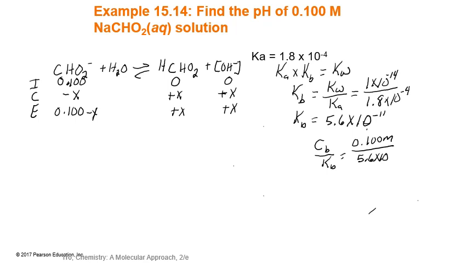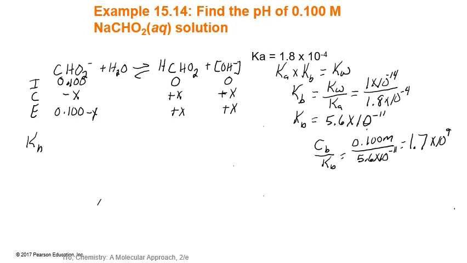So 0.1 compared to 5.6 times 10 to the negative 11. We end up with an answer of 1.7 times 10 to the 9th, which is significantly larger than 1,000. And so we do not need to use the x in our initial concentration. So we're going to leave the x out.